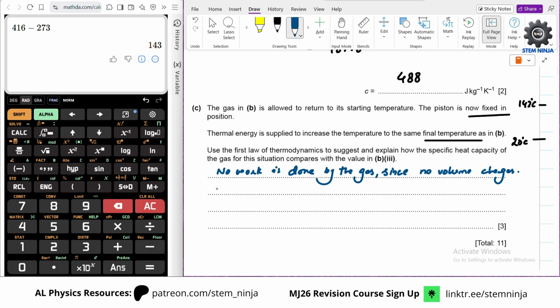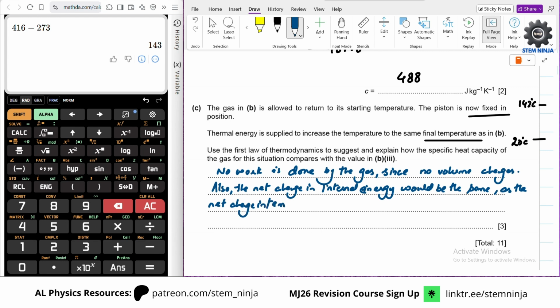Also, the net change in internal energy would be the same, as the net change in temperature is same as before.